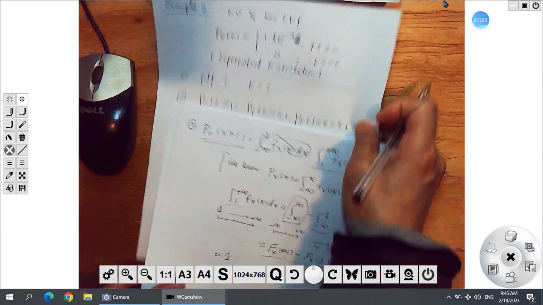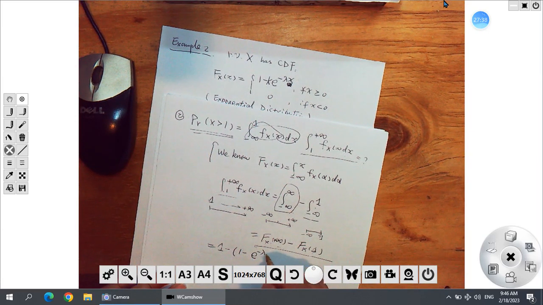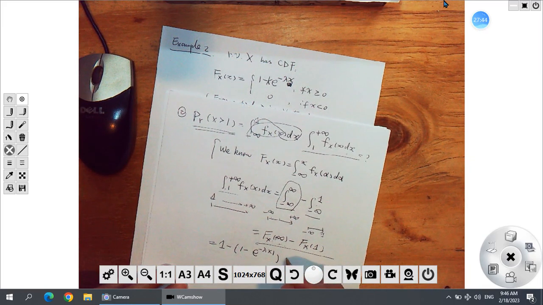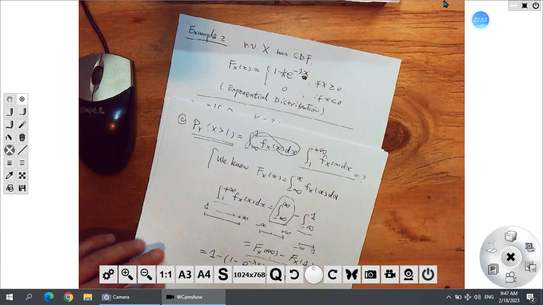We know F_X is 1 minus e to the negative lambda x, so with x equal to 1, the 1s cancel and we get positive e to the negative lambda. So we have the answer.